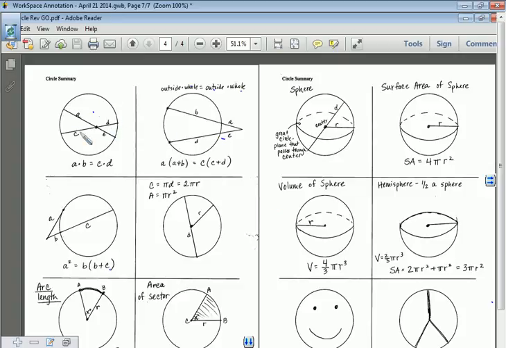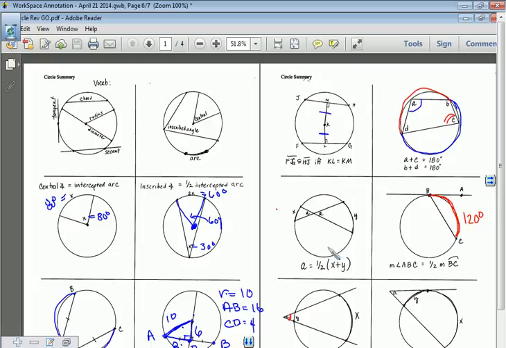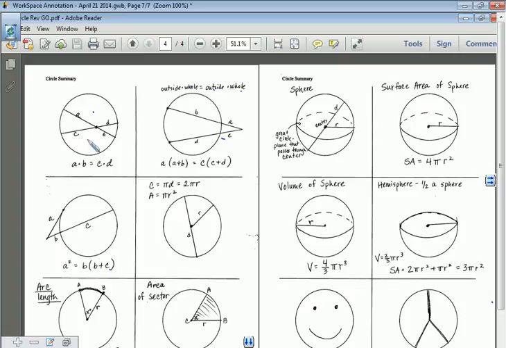Okay, now let's do just segments. These were angles formed by chords, secants, and tangents. Now let's look at segments. When we have two chords that intersect, the product of A and B has to be equal to the product of C and D. Do you remember that?